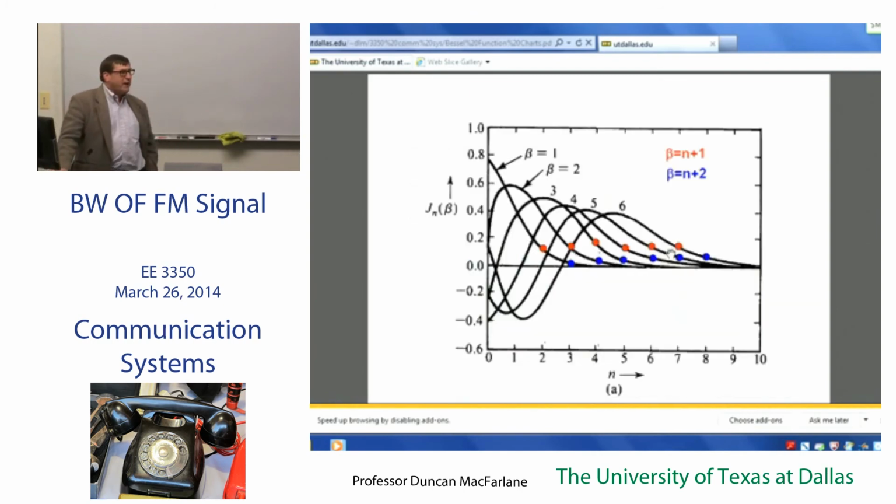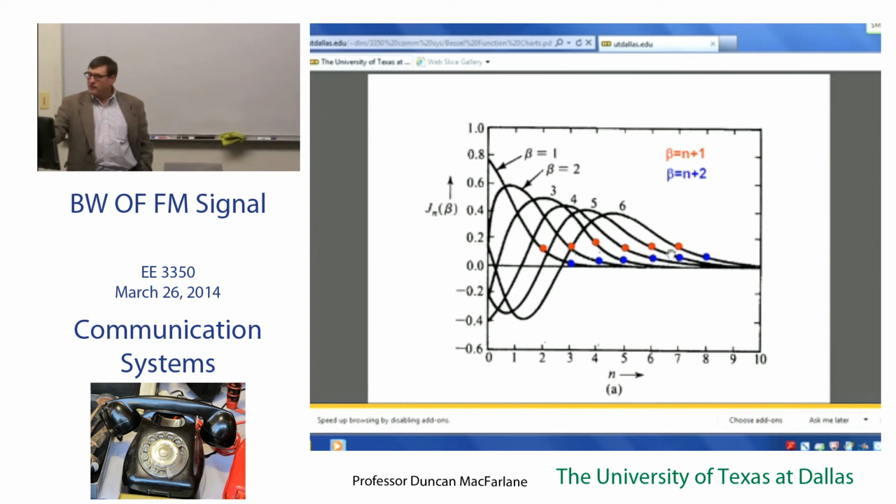Here's the choice that you're making with that n+1 versus n+2. What's plotted here is actually Jn of beta as a function of n, and you see that for beta equals 1, beta equals 2, beta equals 3, those are my deviation ratios. You see where these things start to fall down, where they start to become negligible.